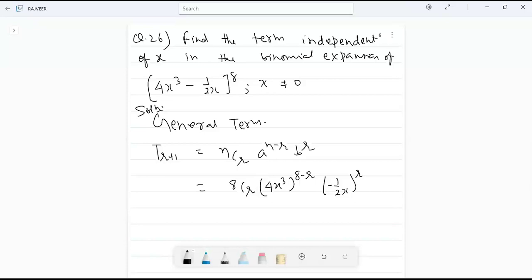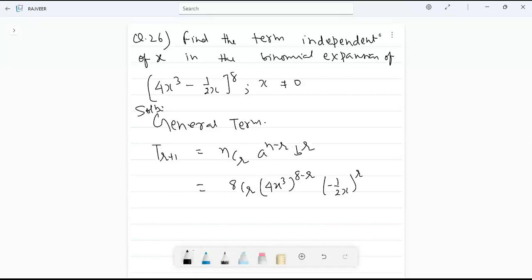So wouldn't it be the same thing as the coefficient? Wouldn't it be the second term, because the second term is always x to the power 1? So if it is independent of x, wouldn't it be just the coefficient of that?